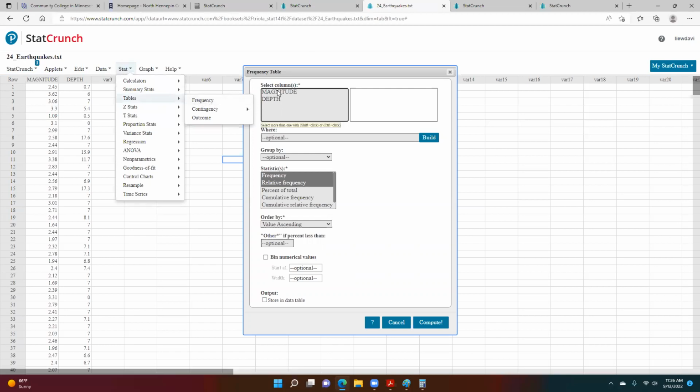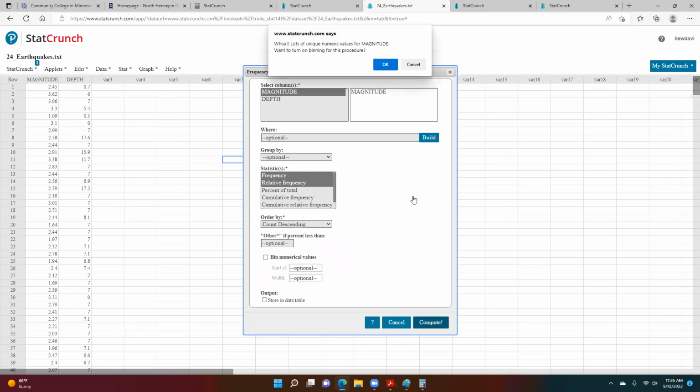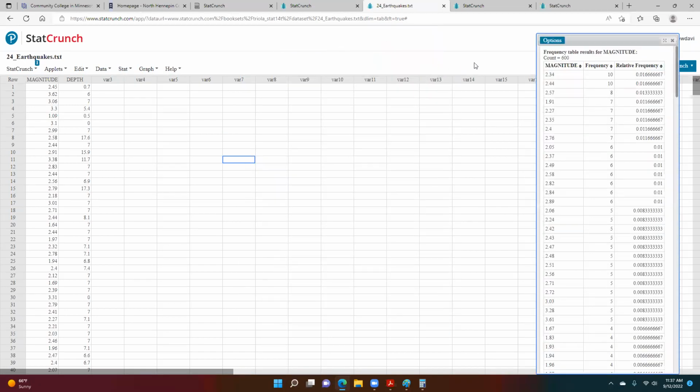Then you select the column or variable that we use, in this case magnitude. Then you order by ascending or descending, it doesn't matter. Just pick descending and hit Compute. Now, this is where your error will show up. This error only happens when you have a lot of data, like in this case, 600. You just hit Cancel.